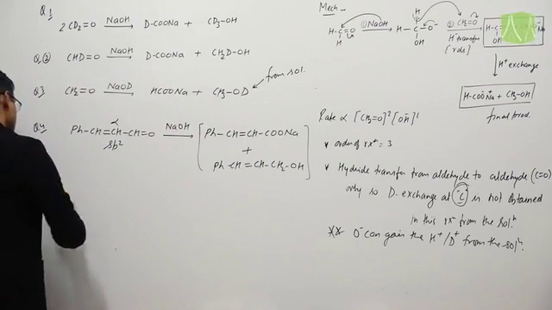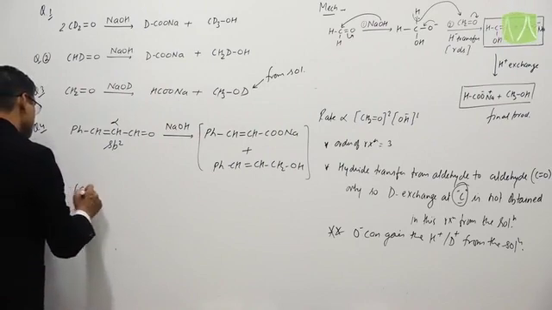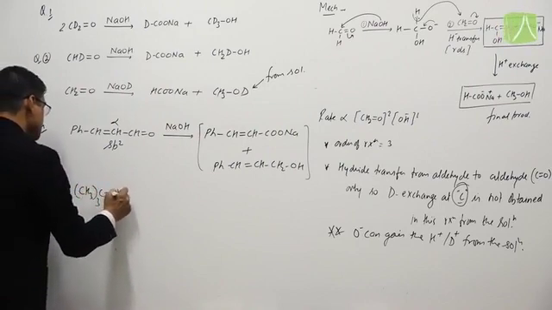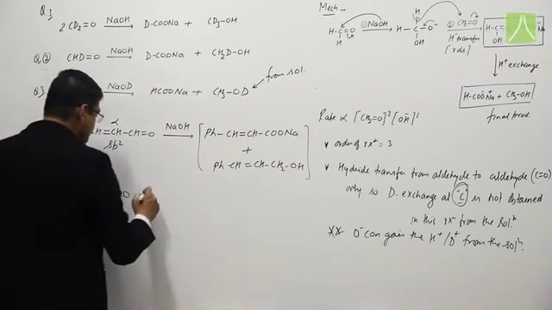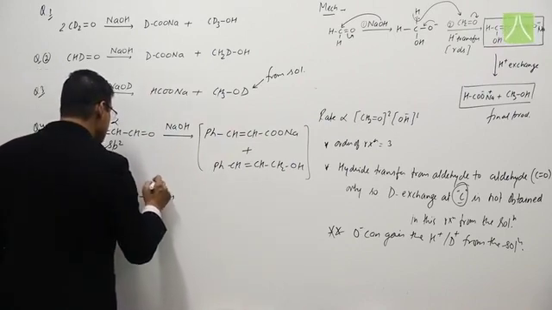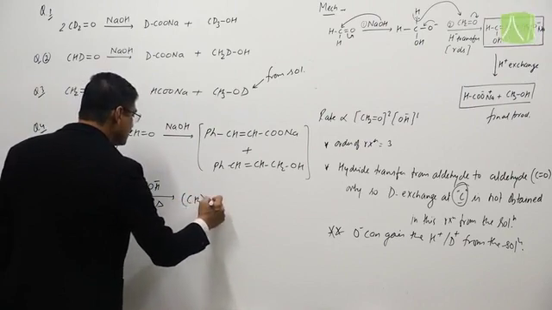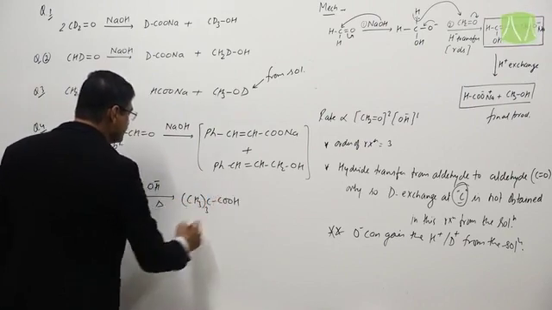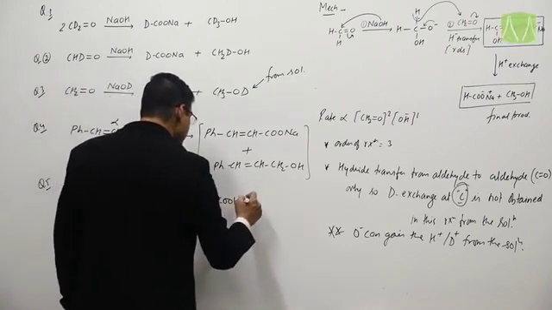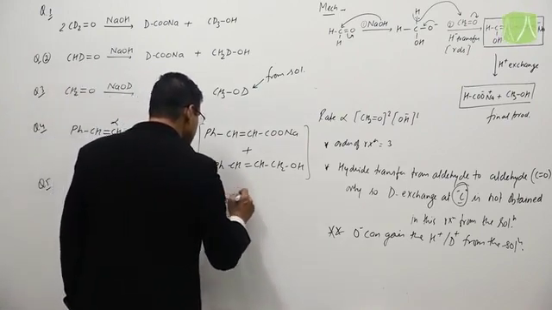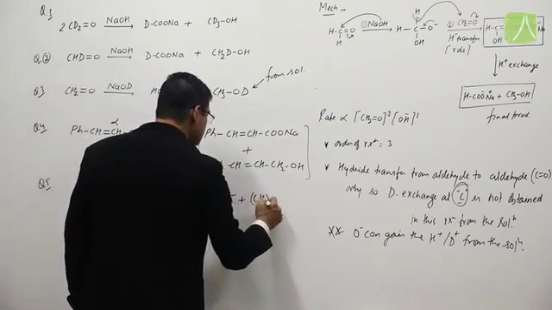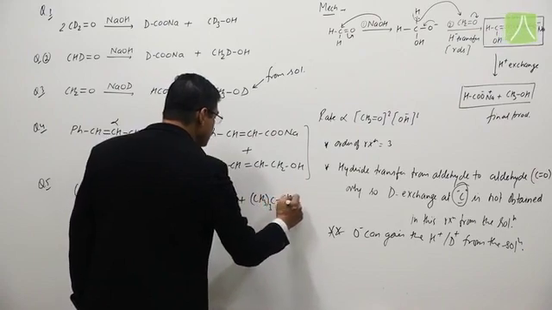Next question may be, suppose (CH3)3C-CHO, then on reaction with base, one molecule converts into acid plus one molecule converts into alcohol.